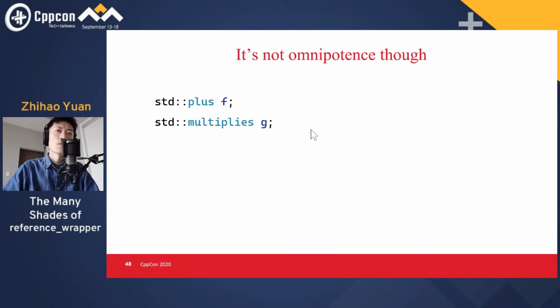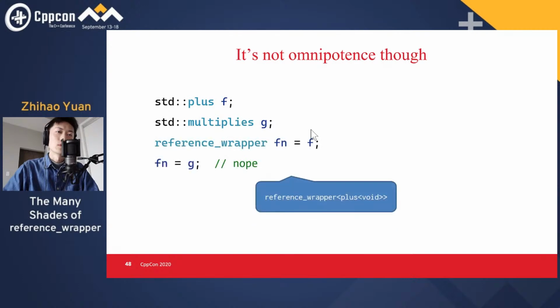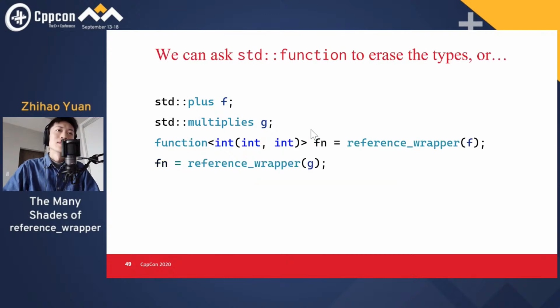If your callable objects are of different types, you won't be able to switch between them using reference wrapper because reference wrapper does not erase the pointee's type. We can ask std::function to erase the types though.